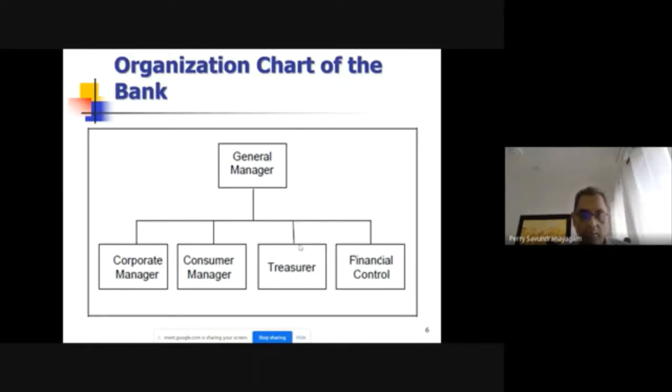Inside, say, a typical Sri Lankan dealing room, you will have a head of trading who will manage the foreign exchange trading book. That is, you're managing the net open position, basically what we learned earlier. You will have a head of sales, somebody who will manage the client relationships with the corporate banking and consumer managers.